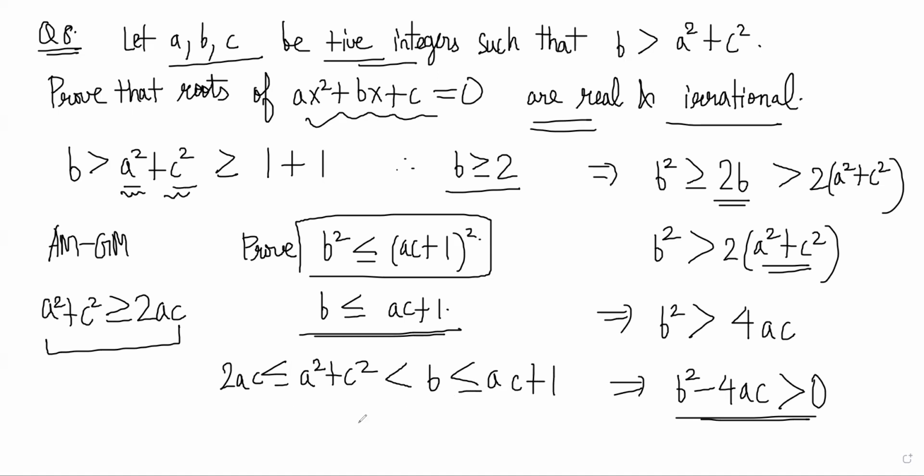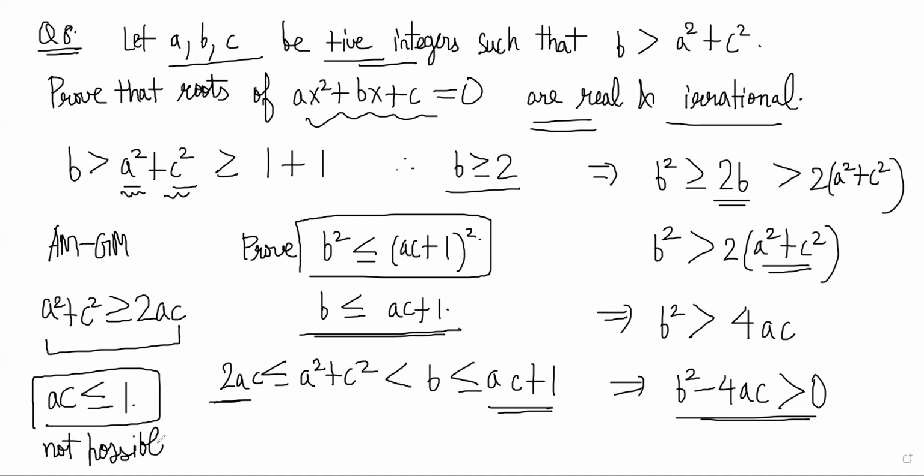So from here, it follows that 2ac is less than or equal to ac plus 1, right? That means ac is less than or equal to 1. But that is not possible for positive integers a and c.